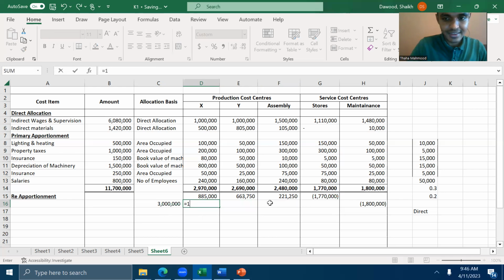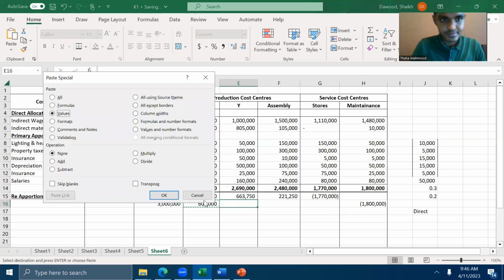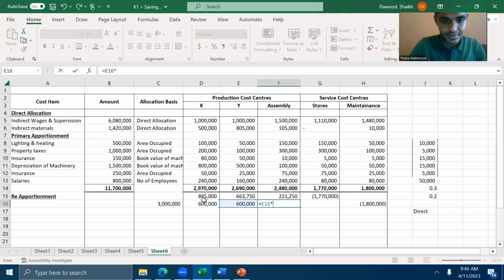Sorry. වැරදිනේ. Yeah. It should be like this. And then this one will be double of this.